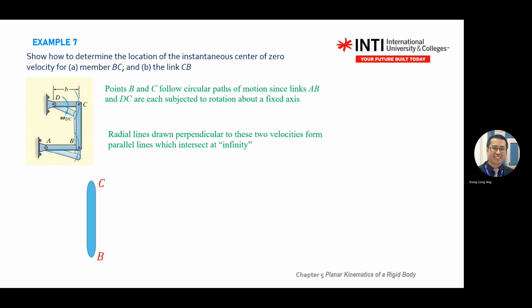Okay. So when you draw with the ruler, where do you expect the IC? Where's IC? Okay, look at point C first. Where's the velocity? How do you draw the IC line again? Use your transparent ruler. You put it here.